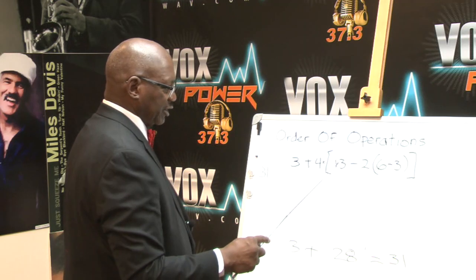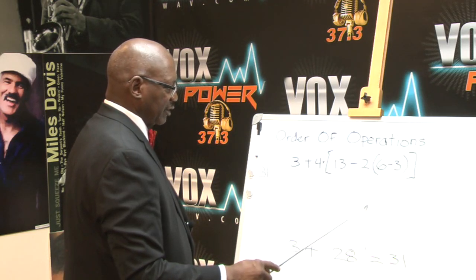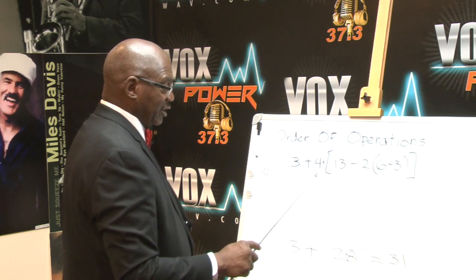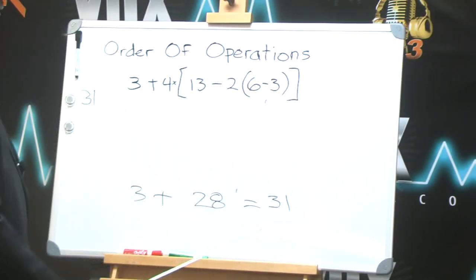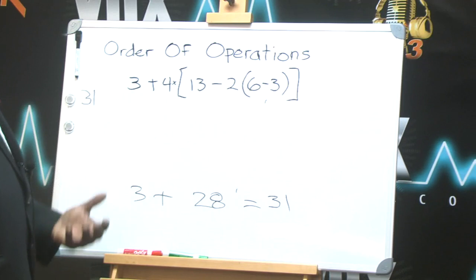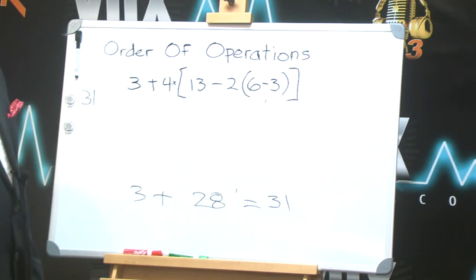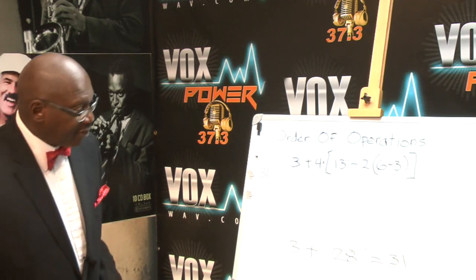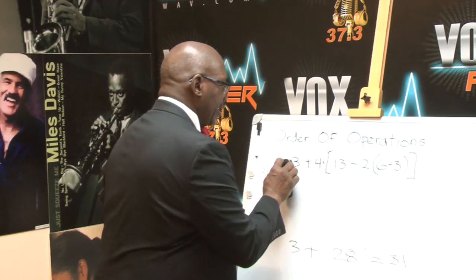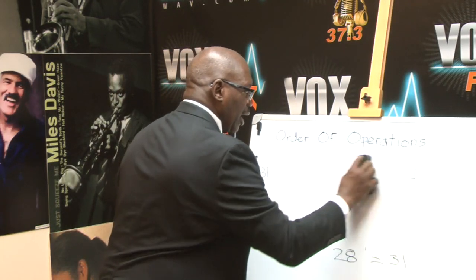Then the next thing was 13 minus 6 was 7. Then we multiplied 7 times 4 and got 28, and added 3, 31. We did all those calculations basically in our head. Okay, order of operations. It's very, very important.